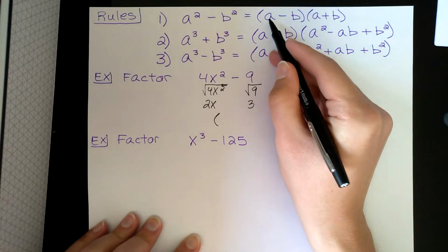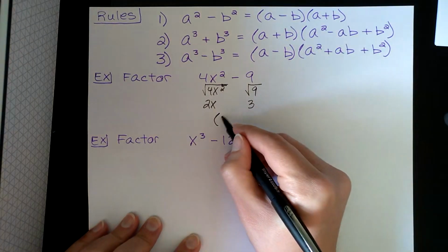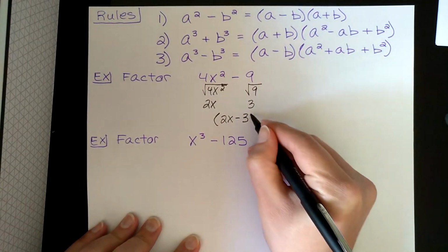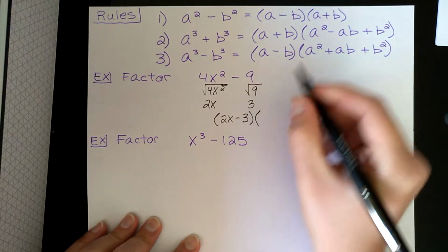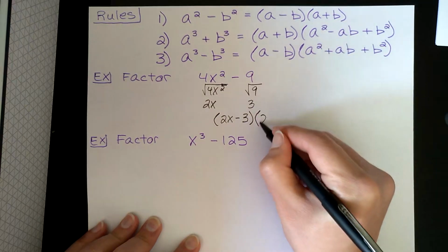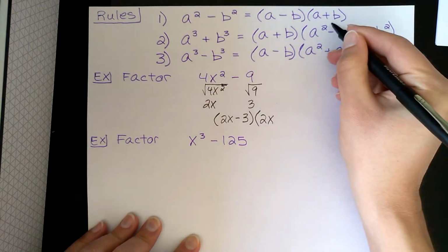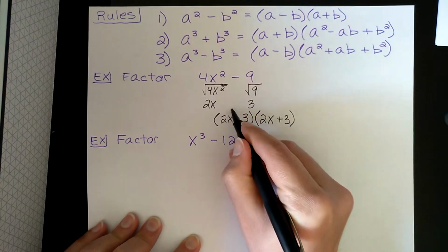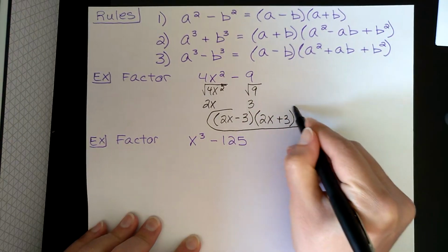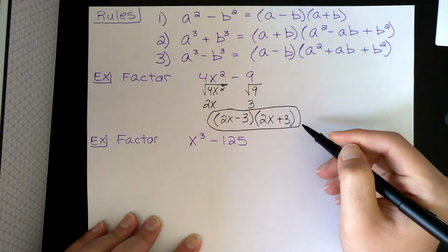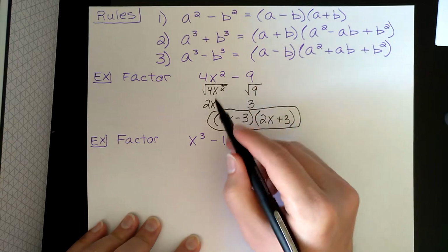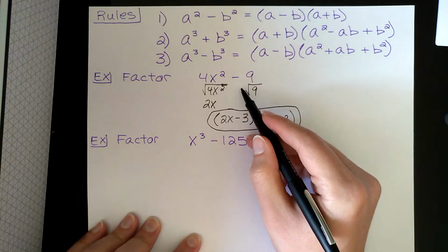Our formula says take the first value, 2x, and subtract the second value, 3. Then again take the first value, 2x, and add the second value, 3. And this is completely factored. Just a quick note, middle out method would still work here.